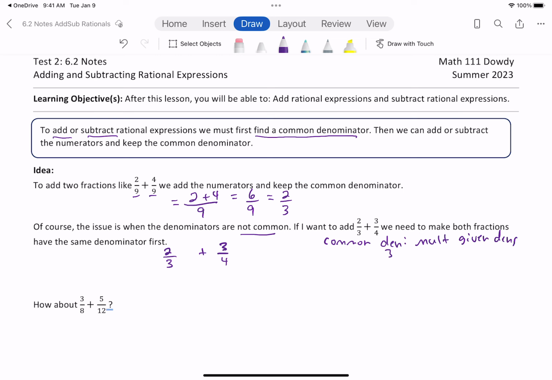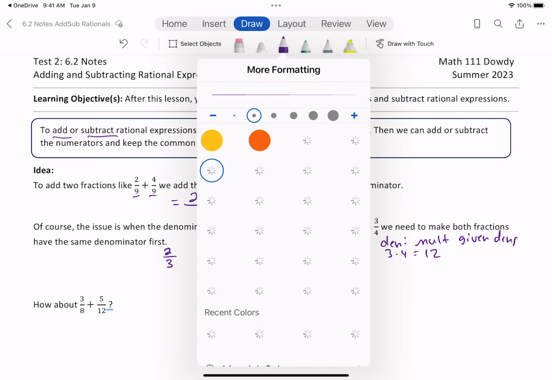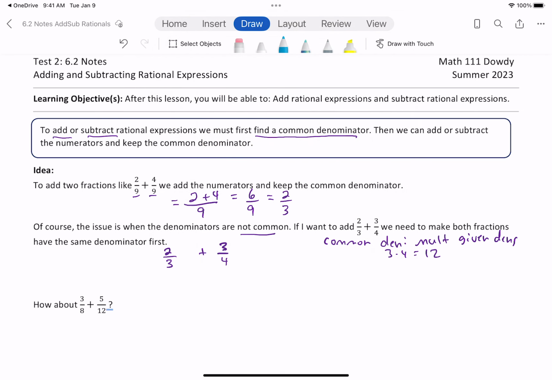So if we did that here, we do 3 times 4 equals 12. So then we would want to make each one of the two original fractions have a denominator of 12. So for the first one, we would need to multiply the 3 in the denominator times a 4 to get 12.